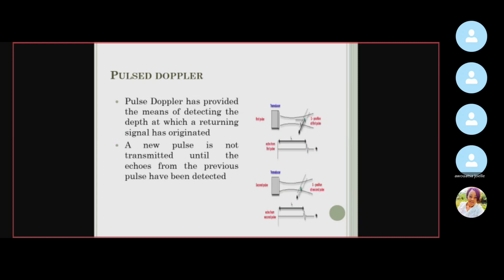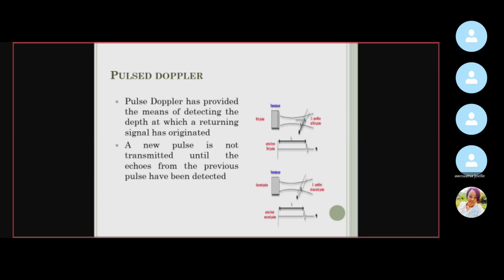So here we will get the signal from the depths. As you can see in the picture, the first pulse is transmitted, and then we get a signal, and the returning pulse we get when we transmit the second pulse, we will get the returning echo.